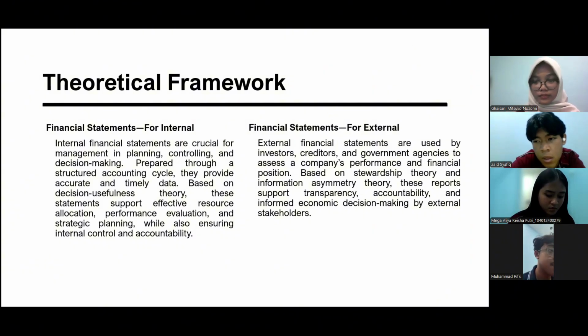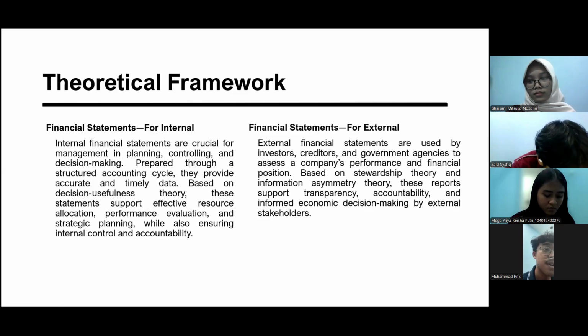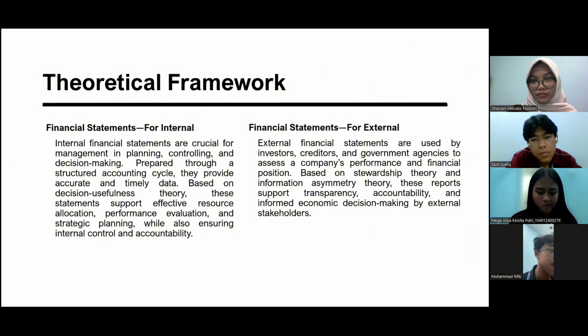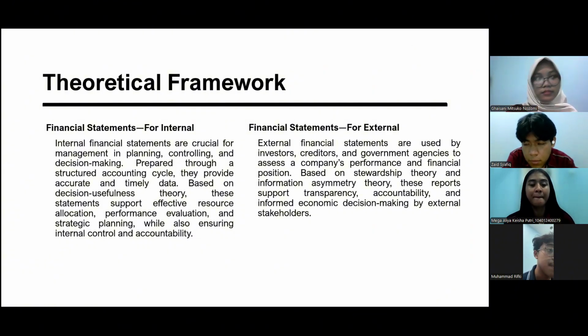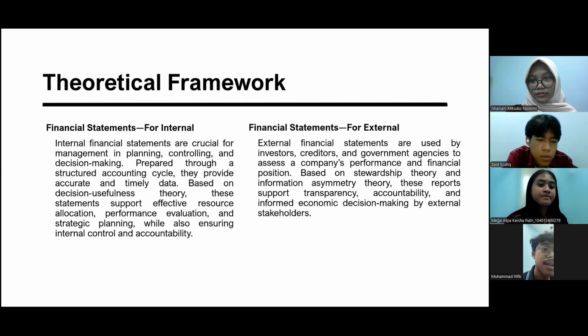Next, external financial statements. External statements are used by investors and government agencies to assess company performance. Backed by stewardship and information asymmetry theories, they promote transparency and informed decision making.